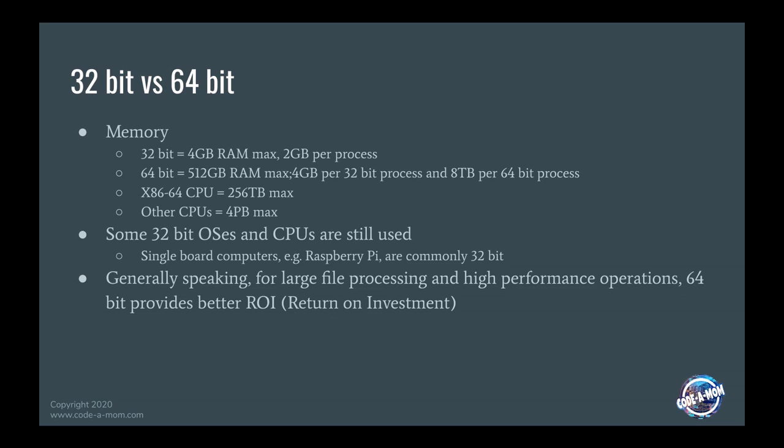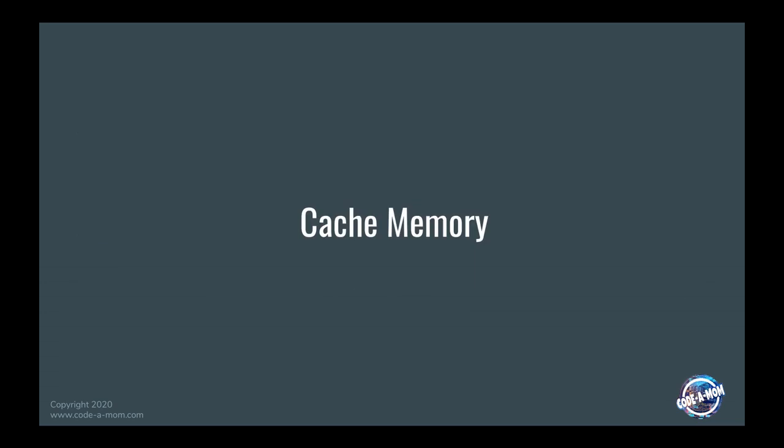For large file processing and high performance operations, you're going to get 64-bit CPUs, applications, and operating systems, simply because they give you access to more memory. You're able to process data quicker because you can access twice as much data versus a 32-bit in the same amount of time. We're going to jump over to cache memory.